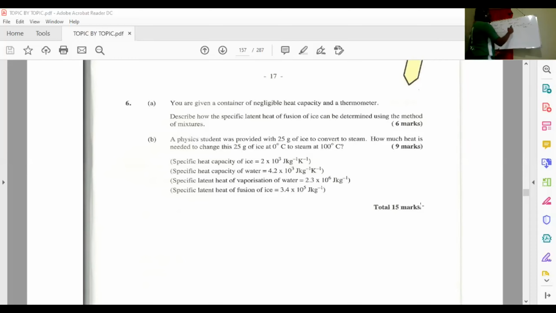Then it's gain, so it's the mass. So it's the same mass, 0.025, times our latent heat of fusion, which is 3.4 times 10 to the fifth, right? So that is when it's changed into a liquid, plus now when it's changing temperature as a liquid, which is the mass, 0.025, times C of water, which is 4.2 times 10 to the 3, which is 4,200, times the change in temperature, which is from room temperature to 100 degrees for it to start turning to steam.